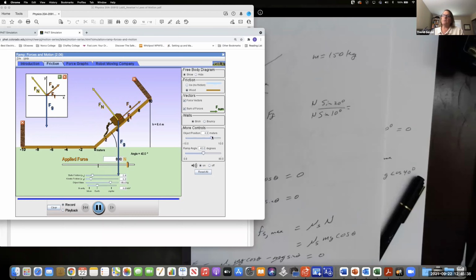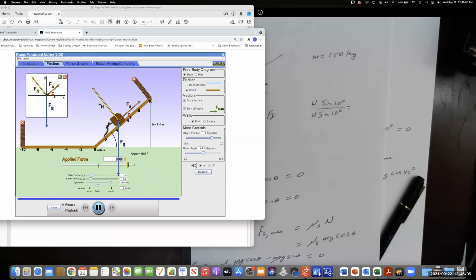Okay, so is 800 newtons the minimum force required to keep the block from sliding down the plane? No, because it still slides down. It's still sliding down. Oh, it's slowly... it's not sliding down right now. Oh, I thought you had it on pause.